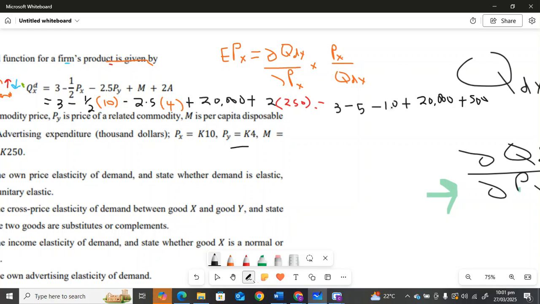So negative 12 plus 20,000 plus 500, what do we get? 20,488.